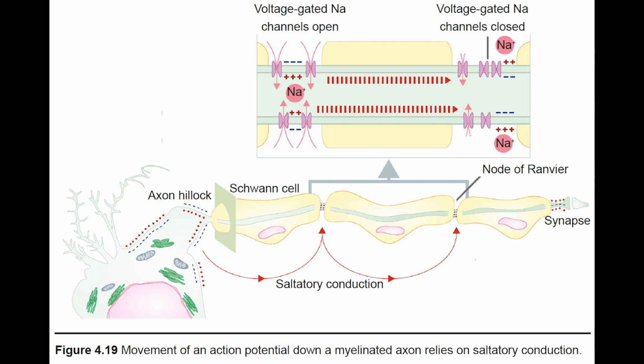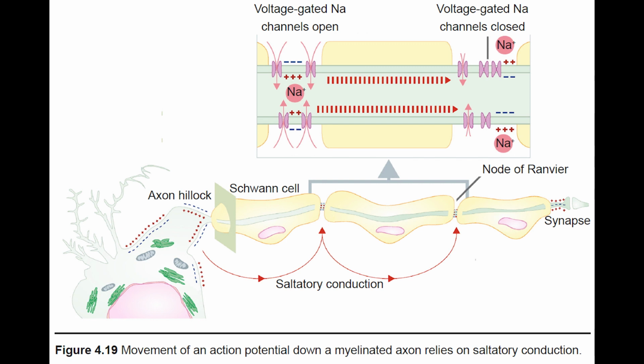It only moves in one direction, and there are two main reasons why. First, sodium ions move down their concentration gradient. The sodium ions that enter through a voltage-gated sodium channel are less likely to want to move in the reverse direction, since this area currently has a relatively high sodium concentration.